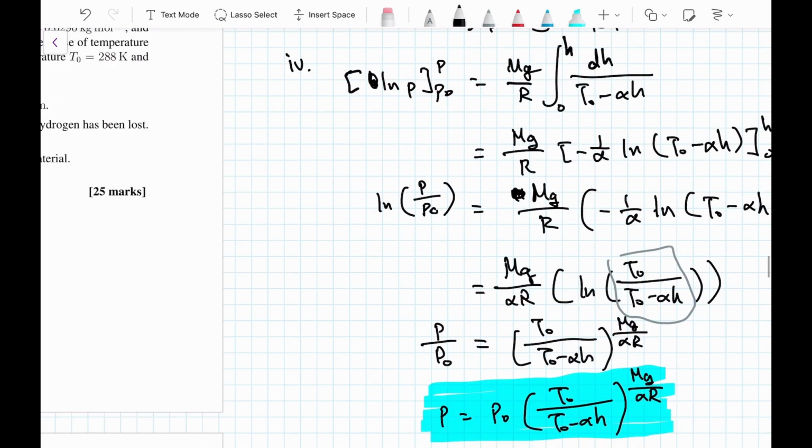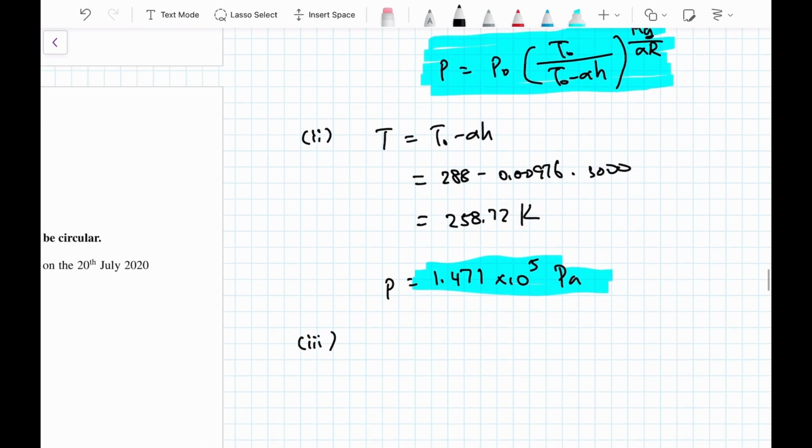So then the pressure is just equal to 1.471 times 10 to the 5 pascals.